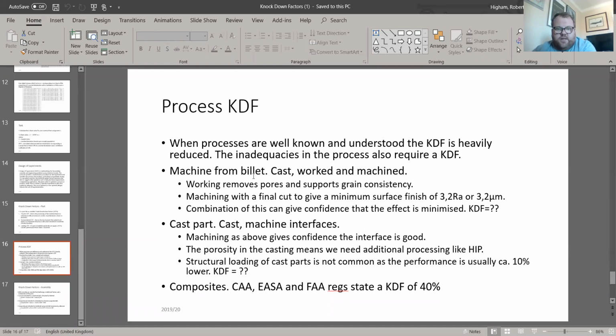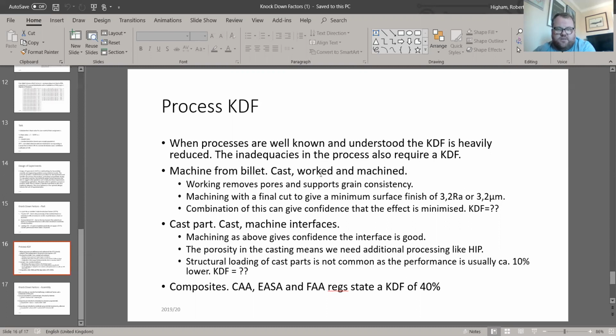If we have a billet, billets pretty much never have pores because their process controls the development of microstructure and also prohibits pore growth. Whereas a casting, we know, is very porous. So what you can end up having is a cast part then has to be worked to give it the equivalent amount of limited porosity as a billet part.